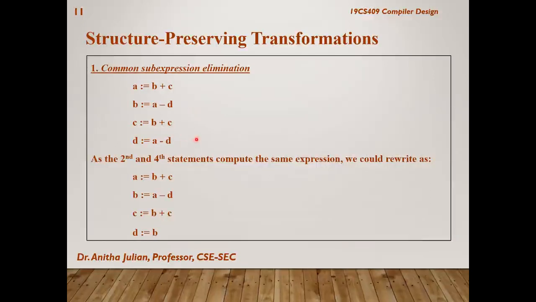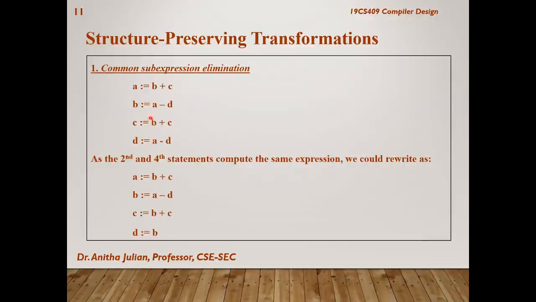Similarly, A minus D is a common sub-expression. But which can we eliminate? We have to carefully analyze. See, A equal to B plus C and B equal to A minus D. So this A is being used here. And then again we are saying C equal to B plus C. So B plus C is calculated at two places.